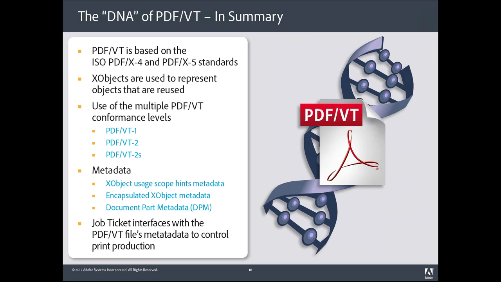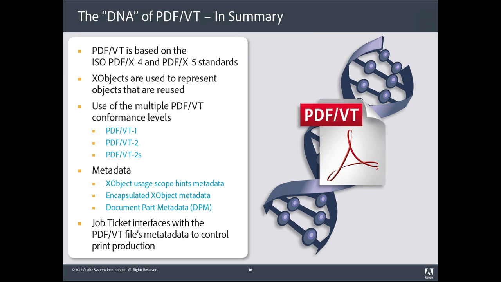The fact is that PDF VT really has a DNA associated with it, and that's what we'll spend a few minutes talking about. In summary, this DNA is, first of all, that we're based upon PDF/X-4 and X-5. Second of all, that we're using X objects to represent objects that are reused. Third, that we use one of these conformance levels.